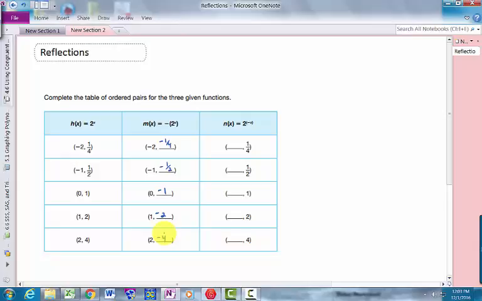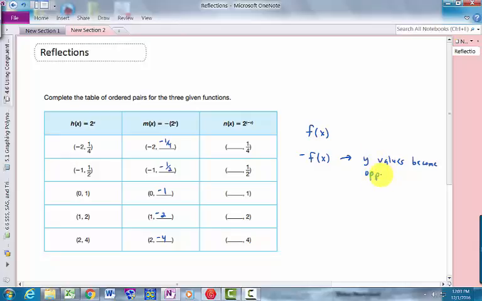So in general, what happens? If you start with f of x and then you take negative f of x, which is really what we've done here, then what that's going to do is change all of your y values to negative. Y values become, we'll say the opposite, because what if your y value already is negative?